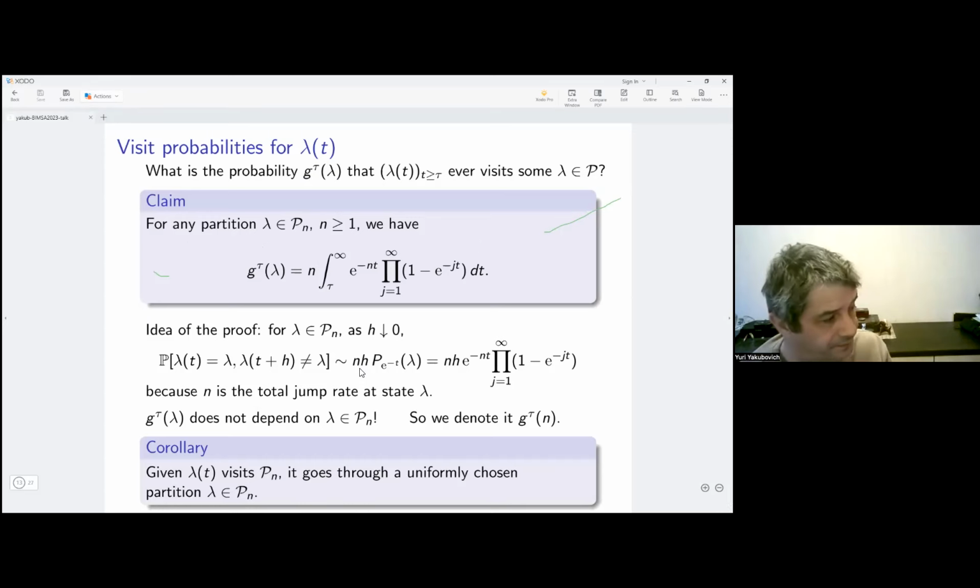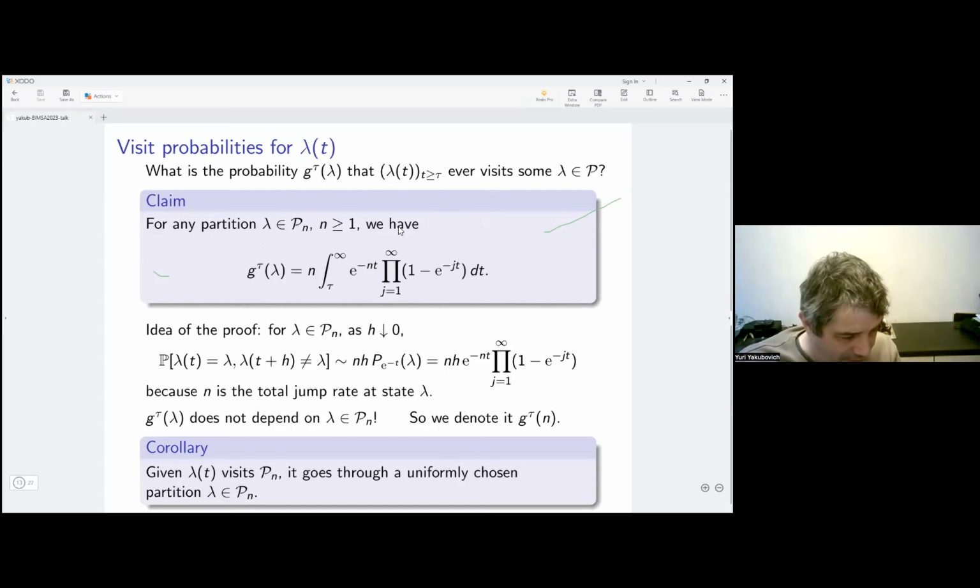So how does it behave? It starts at some random partition lambda of tau, and then it decreases.